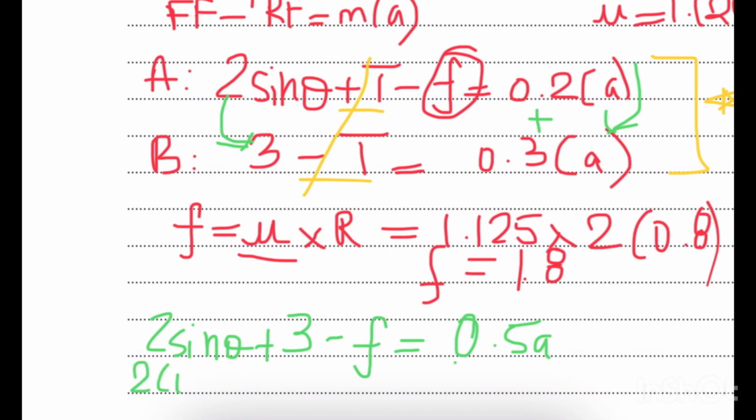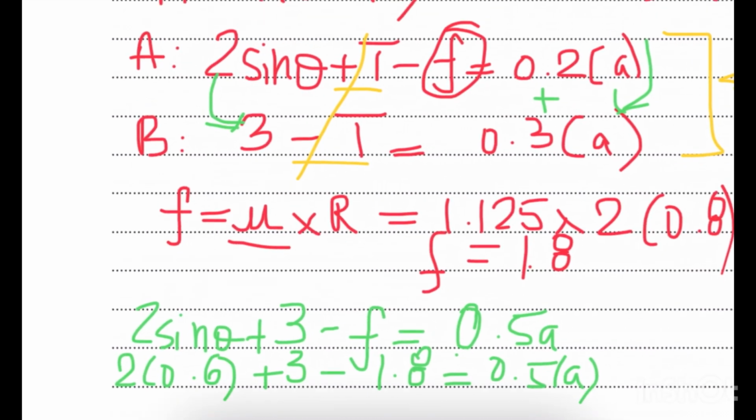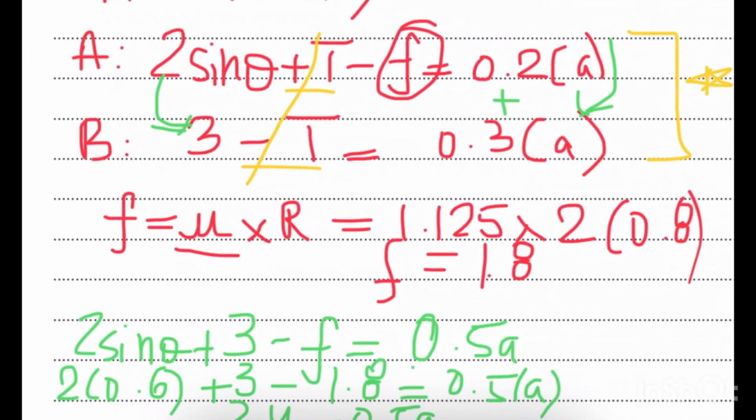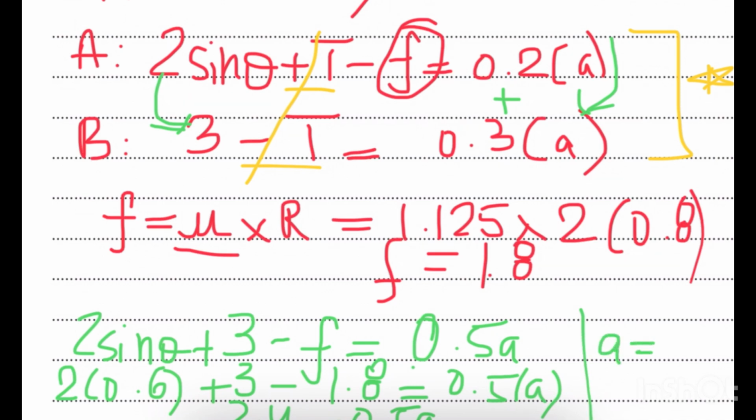So 2 times 0.6 plus 3 minus friction we found out is 1.8 is equal to 0.5 times a. So 2 times 0.6 plus 3 minus 1.8 is equal to 2.4 is equal to 0.5a. That means that the acceleration, which I will write over here, is equal to 4.8.